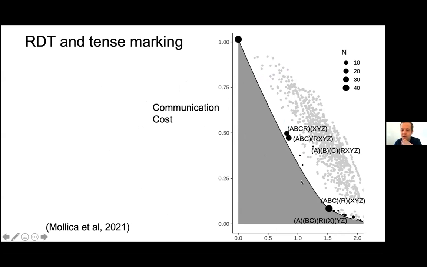The size of the dots represents frequency in the data set. You can see, again, most of the attested systems, but not all, lie close to the optimal frontier. And in this case, there are some interesting things to say about languages like this one, I think this is Hiskariana, and why they're away from the optimal frontier and why that might happen.